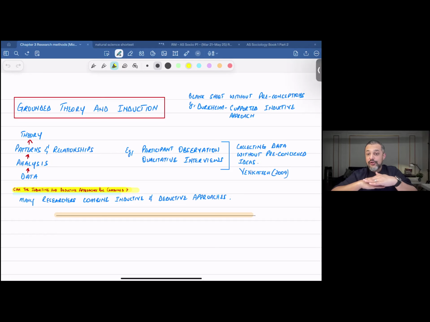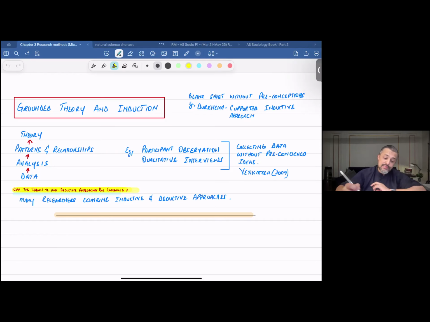Once you have collected your data, on the basis of that data you come up with an analysis, a step up. Based on the analysis, you look for patterns, you look for relationships, and based on that, you eventually come up with a theory. So it was totally the opposite of what we were discussing with the deductive approach. This is the grounded theory, or induction approach.